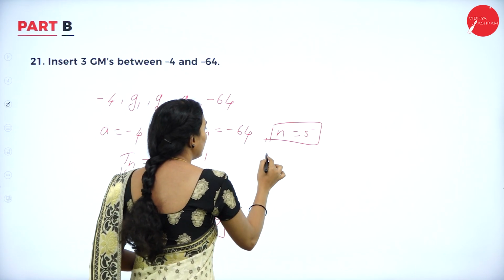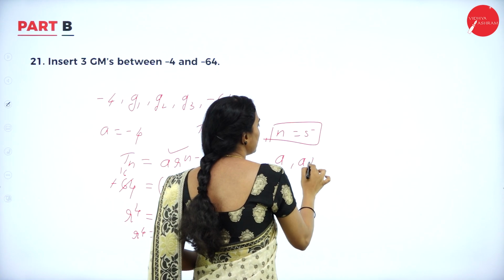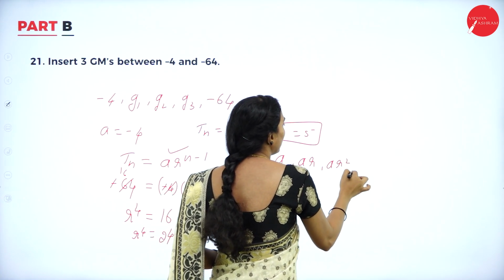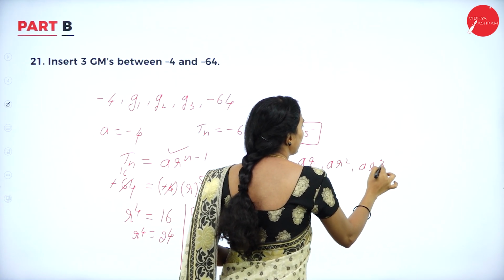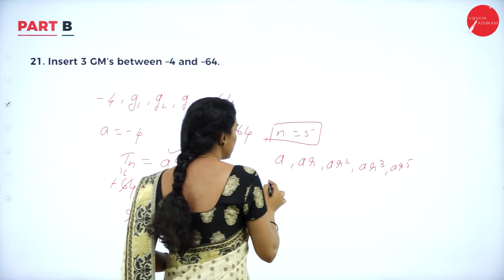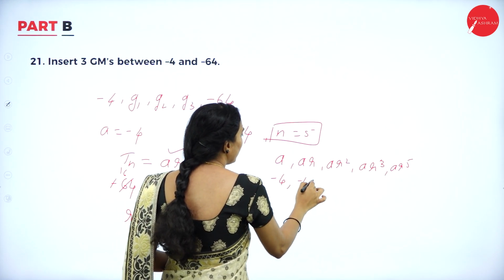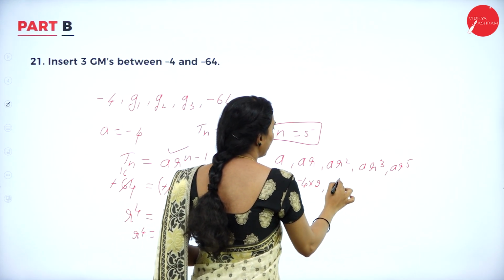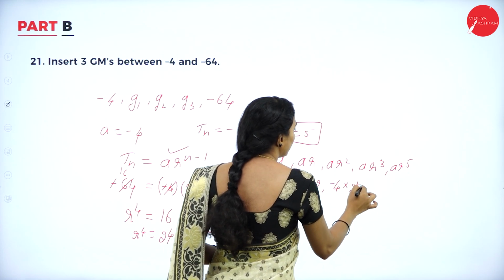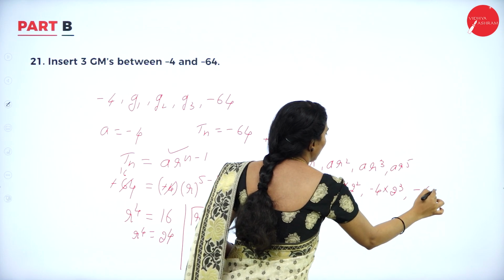And you are going to find out the 3 GMs. That is, first term is A, second term is AR, third term is AR squared, fourth term is AR to the power of 3, fifth term they have given already, AR to the power of 4 is minus 64. So minus 4, minus 4 into 2, minus 4 into 2 squared, minus 4 into 2 cubed, minus 64.